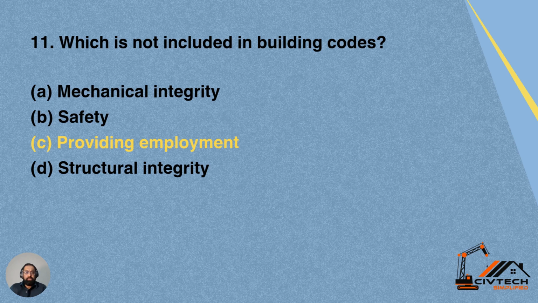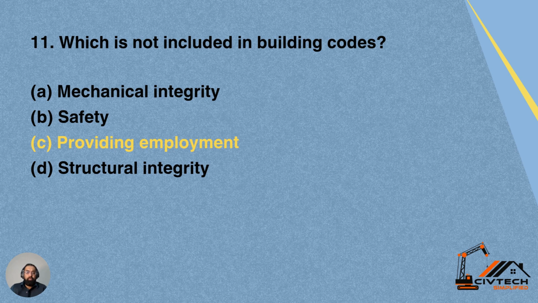Then we have question number 11. Which is not included in building codes? Number A, mechanical integrity. Number B, safety. Number C, providing employment. Number D, structural integrity. So we already saw the national building codes, and normally every country has their own building codes. Every region, even every state or province, has their building codes.